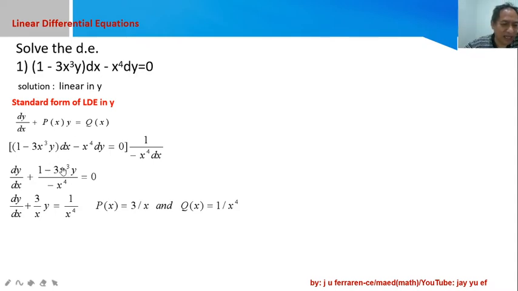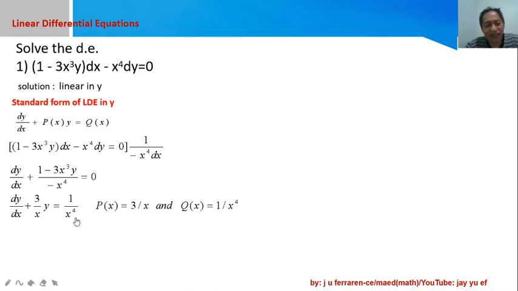I have to simplify. There is 3, there is x cubed, and there is x to the fourth power. That means x belongs in the denominator. It becomes plus because both are negative. This is supposed to be negative, the purely x function, but when it is transposed to the right, the term becomes positive.